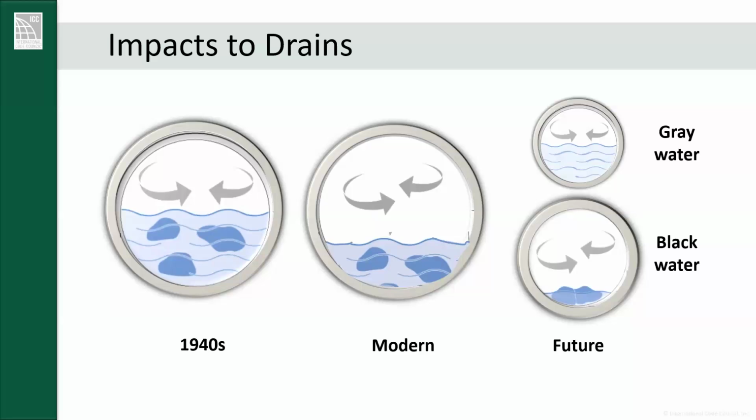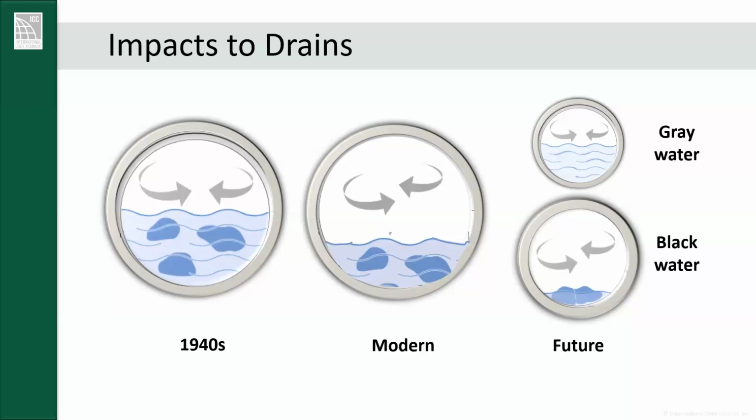So anyway, on the right, we have a scenario of what we may be looking at in the future, where we can actually reduce the size of the sanitary drainage to what you see there, still with the required airflow.